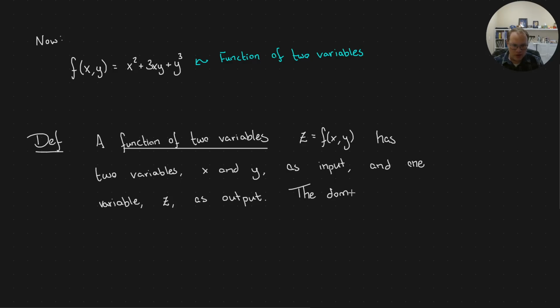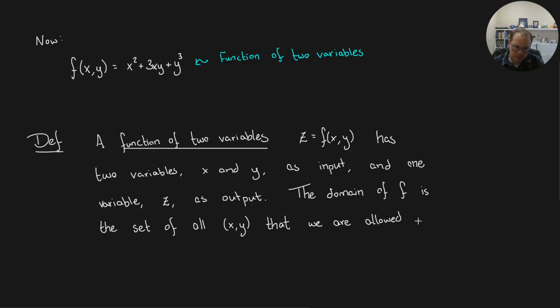The domain of the function is the set of all xy pairs that we are allowed to plug into the function. Sometimes we explicitly set the domain. We'll say, you know, this is the function, and these specifically are the values we are allowed to plug into the function.